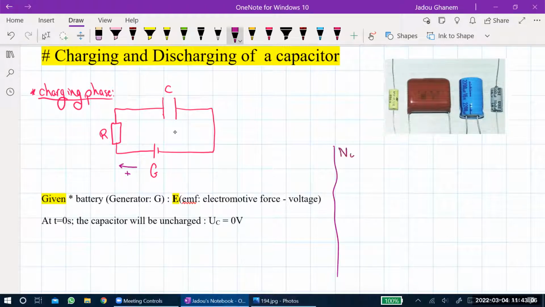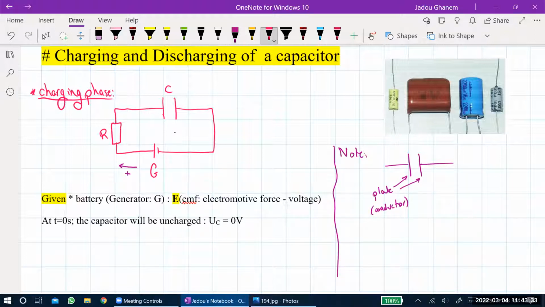Note. Okay. This is a capacitor. We call these parallel plates, or plates in general. They are conductors, so they allow charges to settle on them.